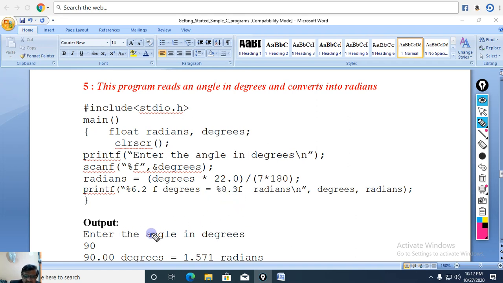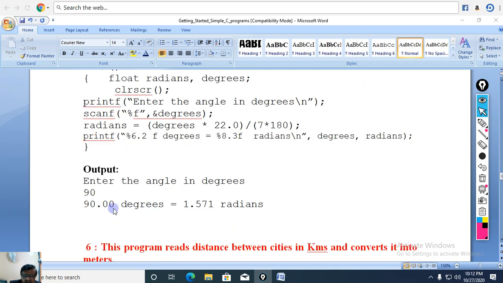Now we can see here, enter the angle in degrees, 90 degrees given, so 90.00 degrees. Among 6 width, 1 2 3 4 5, only 5 characters are utilized, and here remains a blank, because it will be left justified. The entry will be made in this direction, not in this direction.